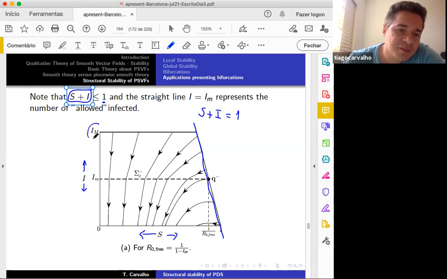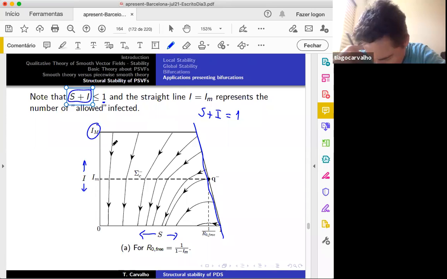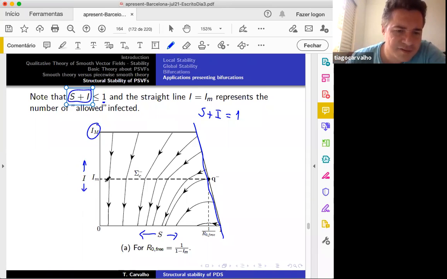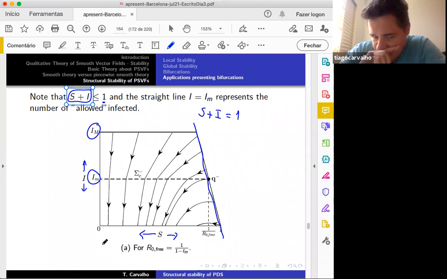This is the number I capital M corresponding to the health system capacity, the number of infected individuals that we consider in order to apply or not the restrictions.